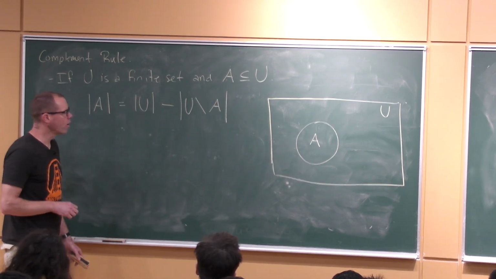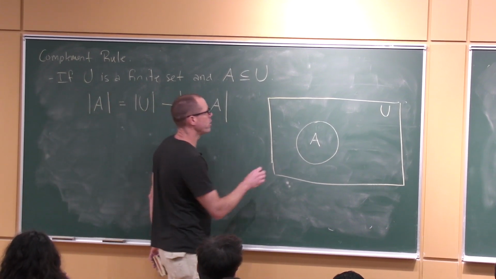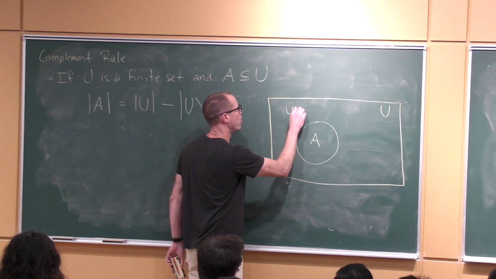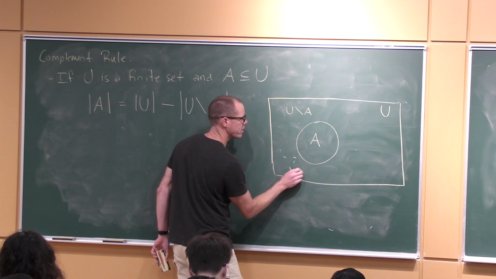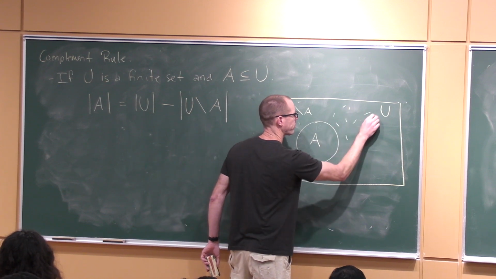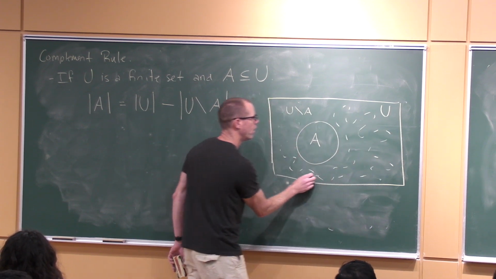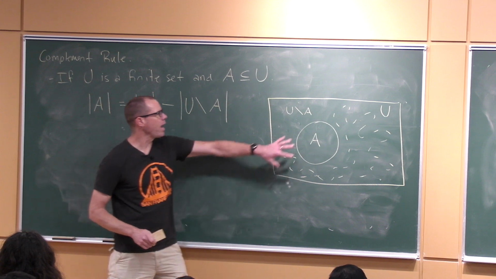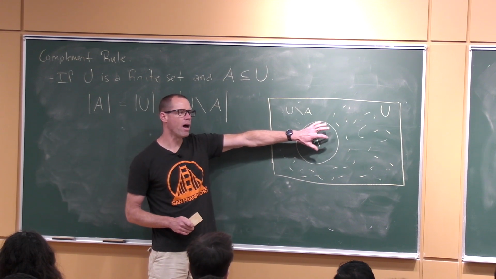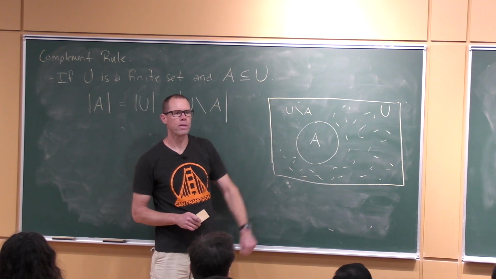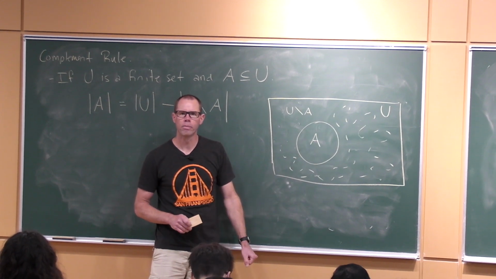And there's also an easy way for us to know what the size of U minus A is. That's this thing out here, everything that's not in A. So then to know the size of A, we take the size of U, we subtract everything that's not in A, and what we're left with is the number of things that are in A.